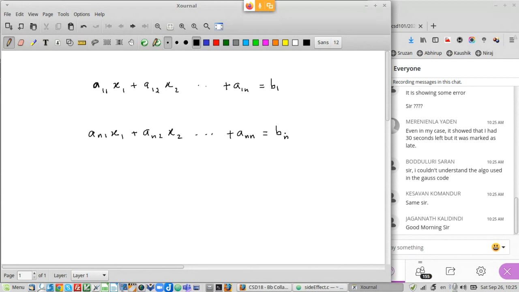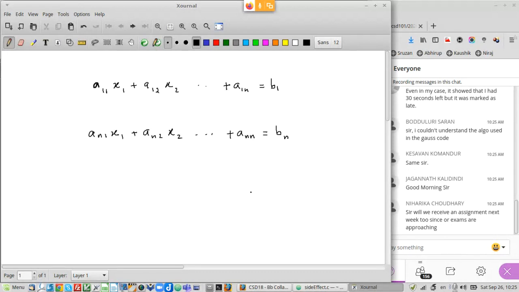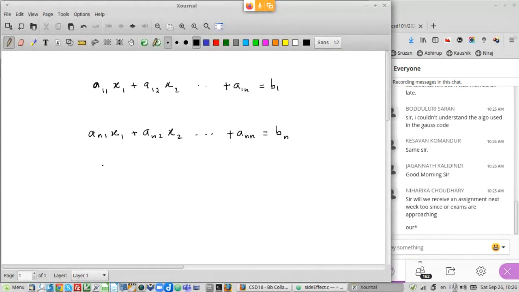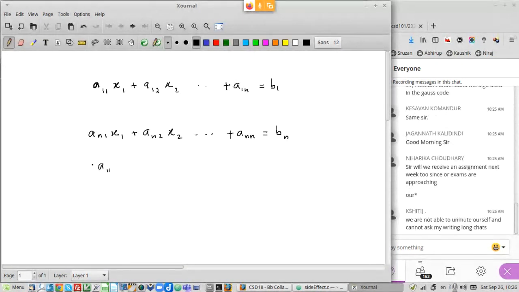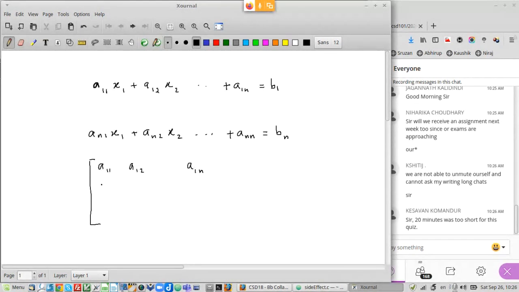Solving linear equations like this. So if you have a set of linear equations like this, you can think of writing this in the form of a matrix. So you can think of this as a coefficient matrix a11, a12, etc. till a1n, and so on till an1, an2, so on till ann. So this is a square matrix.